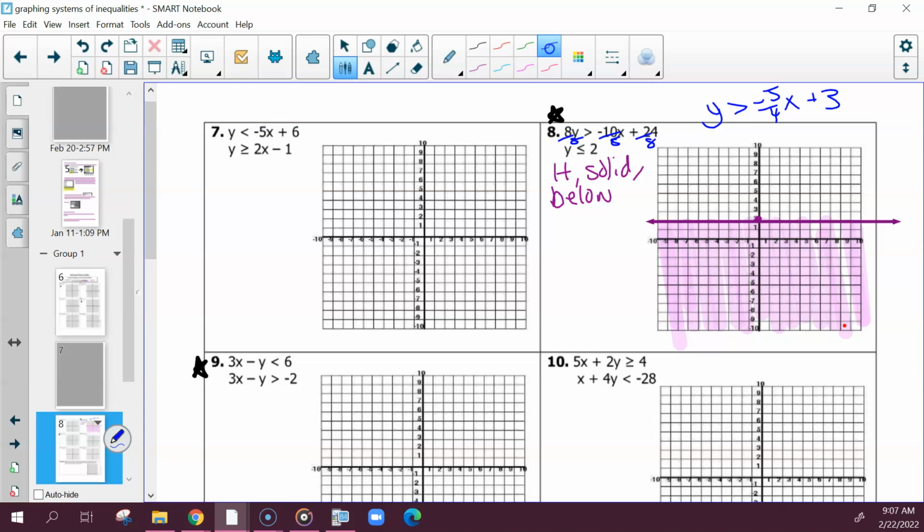So then we would graph that one. Start at positive 3. Go up 5 to the left 4, and then down 5 to the right 4 as many times as possible.